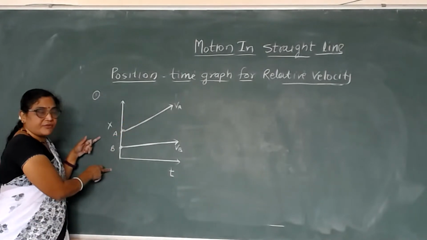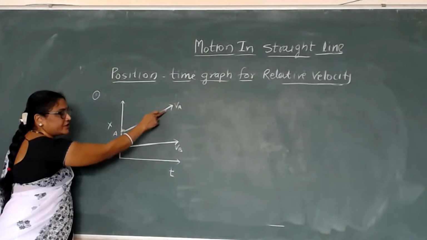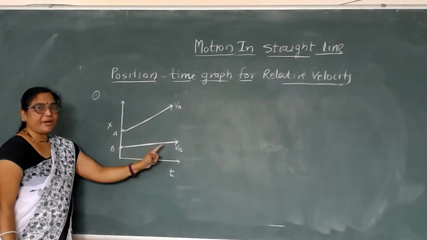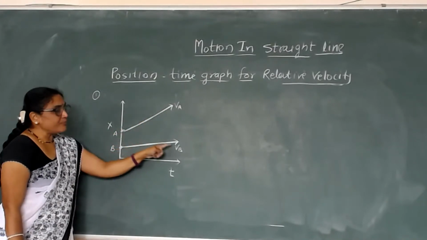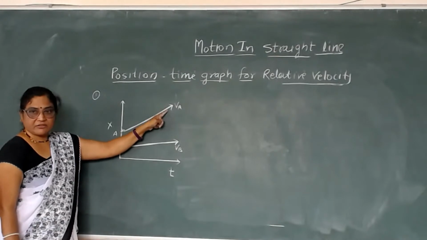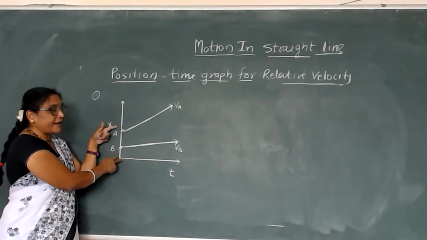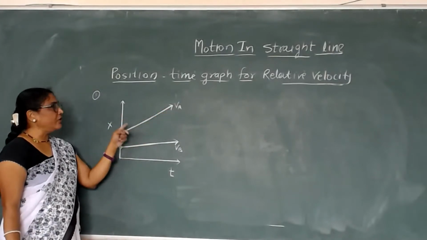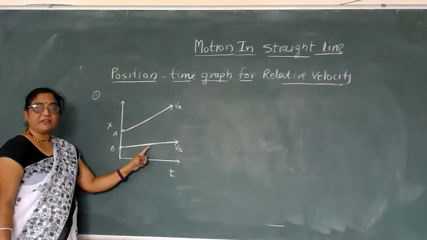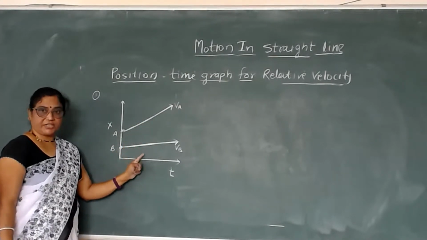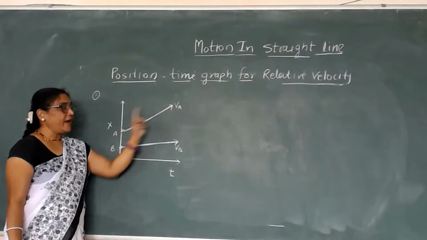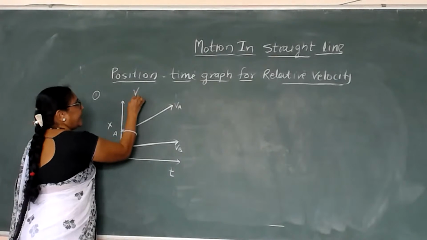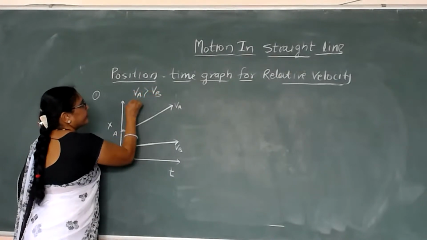So in this graph, see here, A is moving faster as compared to B. B is moving slow as compared to A. When we see this graph, we find that A is moving faster because the rate of change of displacement of object A is more than the rate of change of displacement of object B. So in this graph we say that VA is greater than VB.